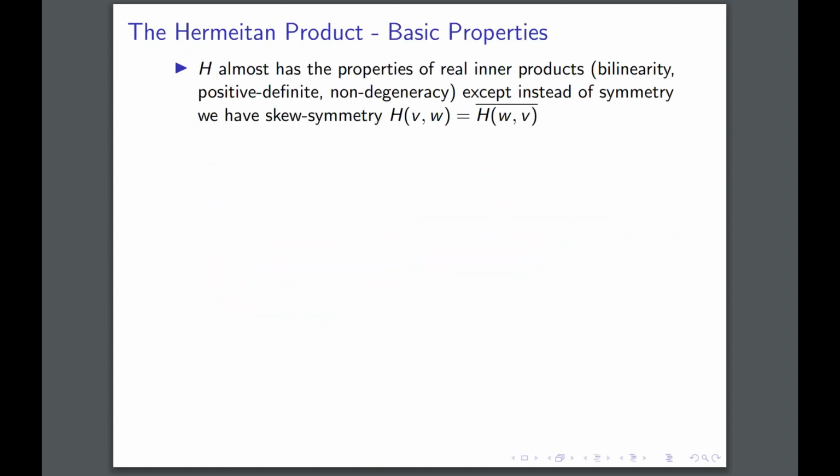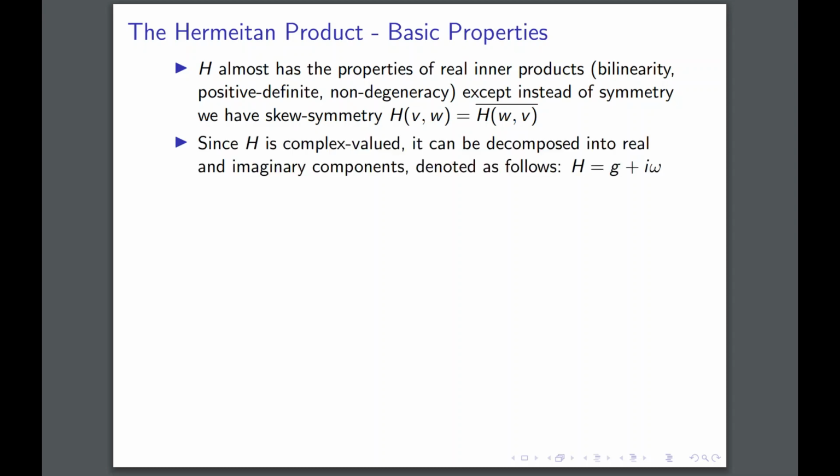And H has almost all of the same properties as a regular inner product, with bilinearity, positive definiteness, and non-degeneracy, but instead of the symmetry axiom, we replace it with skew symmetry, which means that when you swap two arguments, then the result is the conjugate of the original.